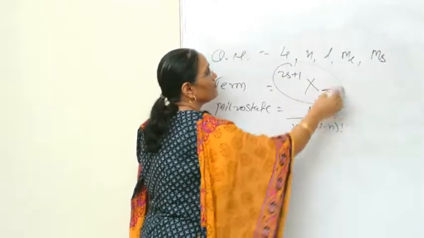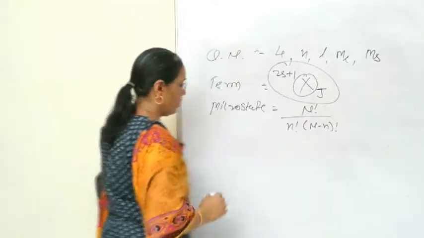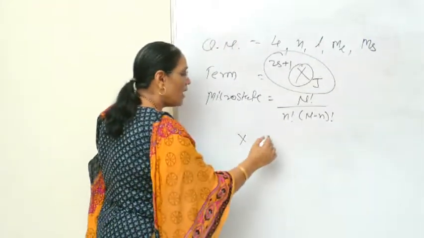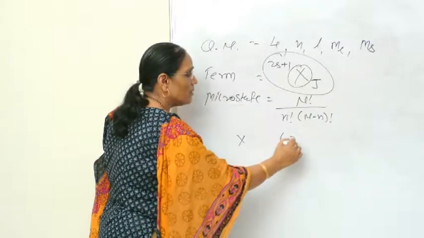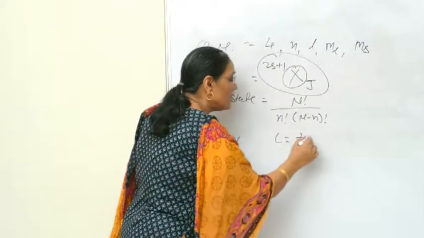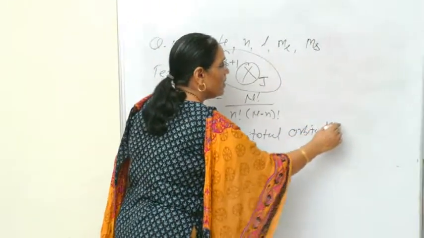In the case of the term, the term symbol X depends upon the value of L. What is L? L is the total orbital quantum number.